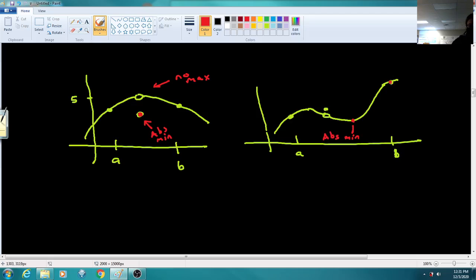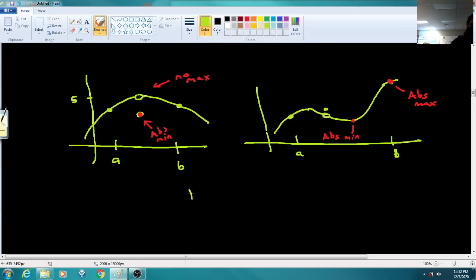The maximum looks to me like it's way up here at B. So if that removable discontinuity happens somewhere in between the minimum and the maximum value, you don't have this issue. It's only if this gap occurs at what's going to be the max or the min that you have this possibility of there being no max or min occurring.